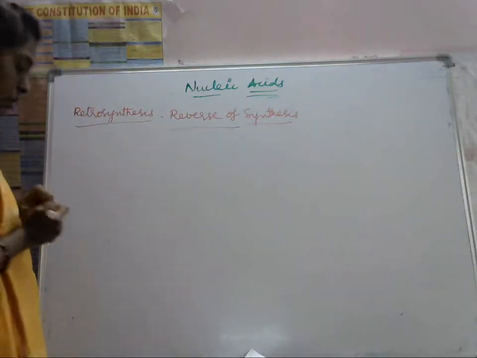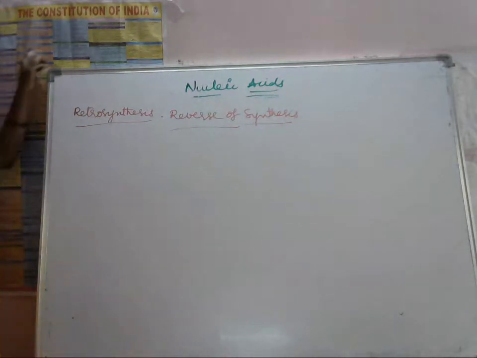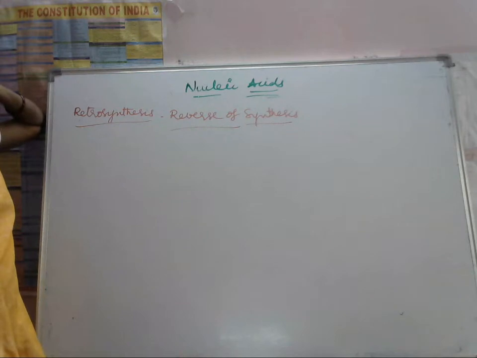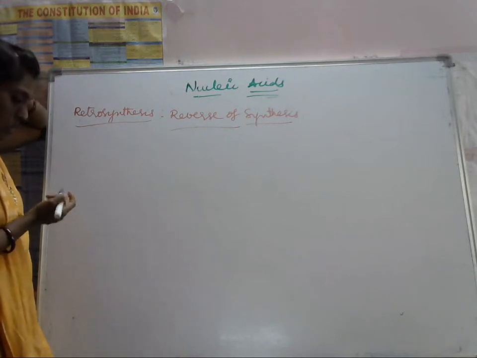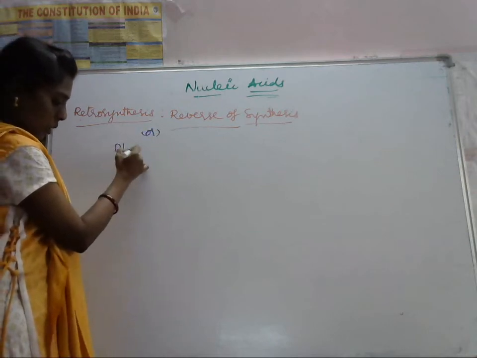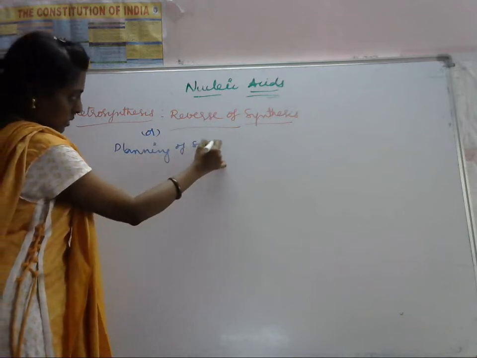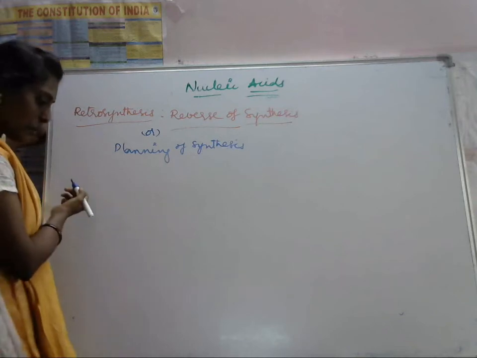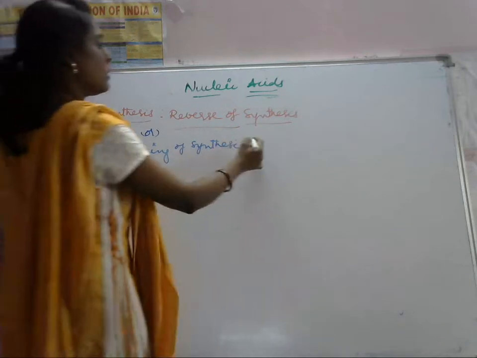So if you see here, planning of synthesis means the laboratory techniques of nucleotides. We have to prepare these bases. This is the planning of synthesis. The synthesis starts from the nitrogen base.